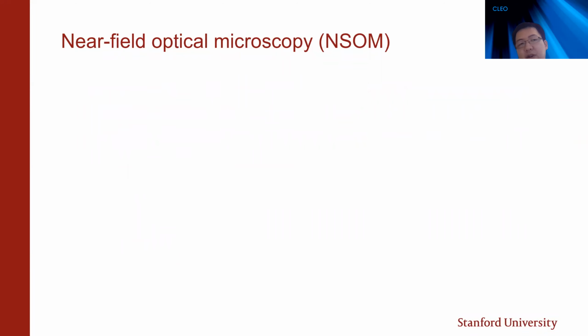First, let me briefly introduce near-field optical microscopy. We know far-field image resolution is compromised by the diffraction limit. With near-field optical microscopy, or s-SNOM, we can break the limit and resolve very fine optical features.